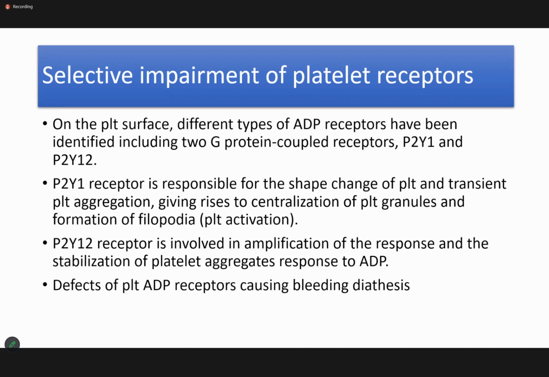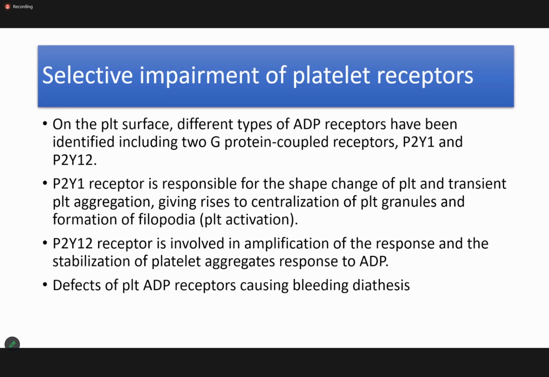The two that we will discuss today are G protein coupled receptors, P2Y1 and P2Y12. The P2Y1 receptor is responsible for the shape change of platelets and transient platelet aggregation, giving rise to centralization of platelet granules and the forming of filopodia, whereas the P2Y12 receptor is involved in amplification of the response and the stabilization of the platelet aggregates in response to ADP.